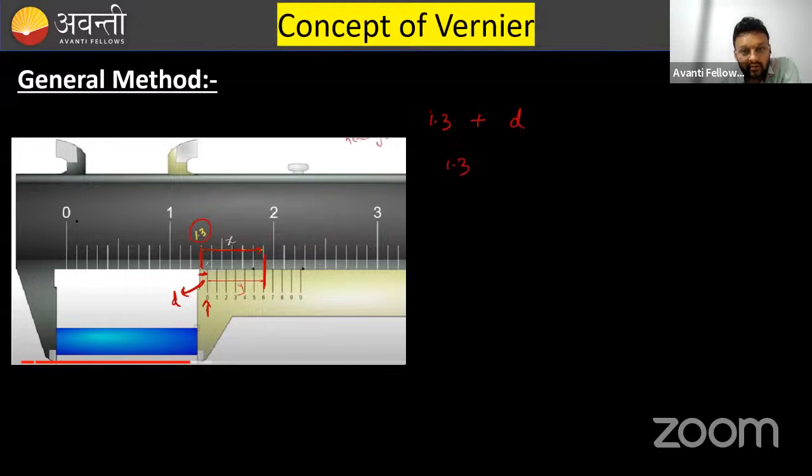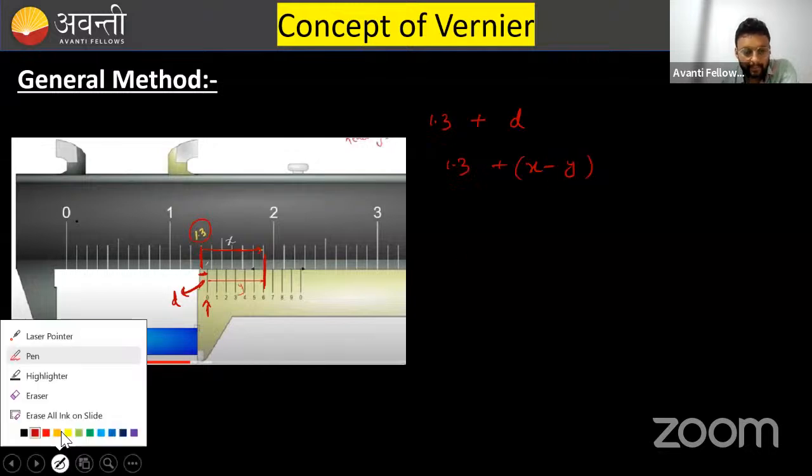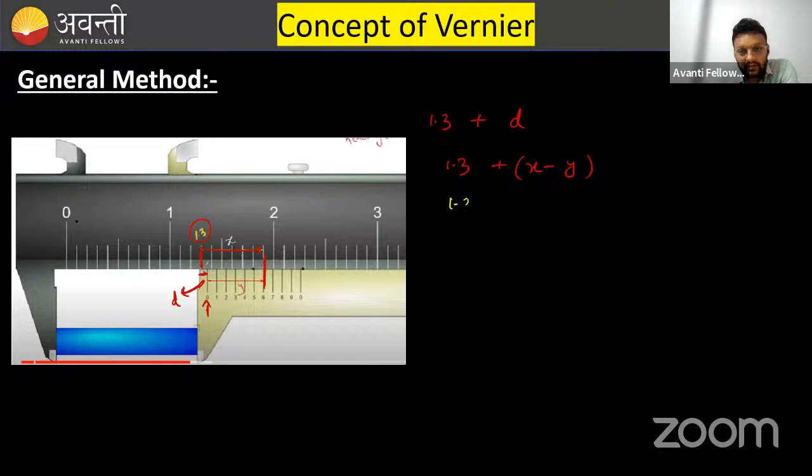So d is what? Someone has answered maybe x minus y. Archana is saying 1 plus 3 plus x minus y. 1.3 plus. What is this x? How many boxes? 1, 2, 3, 4, 5, 6. 6. And each division is how much? 0.1.